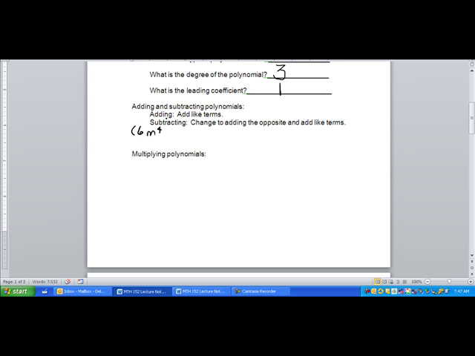We have 6m to the 4th minus 3m squared plus m, minus a second polynomial, 2m cubed plus 5m squared plus 4m, plus m squared minus m.